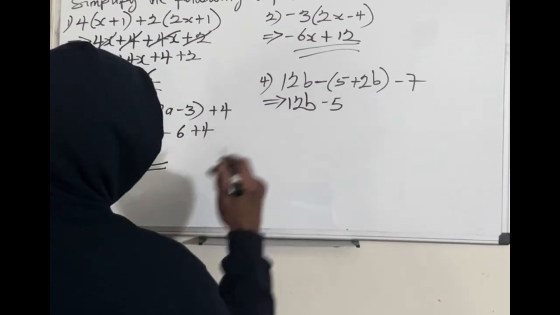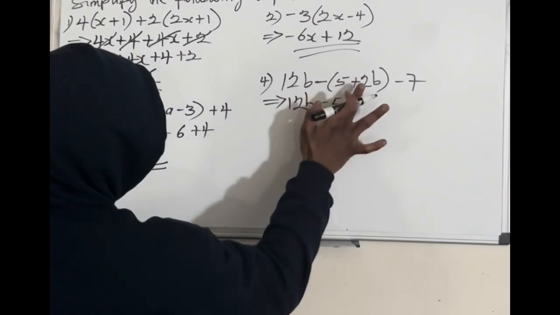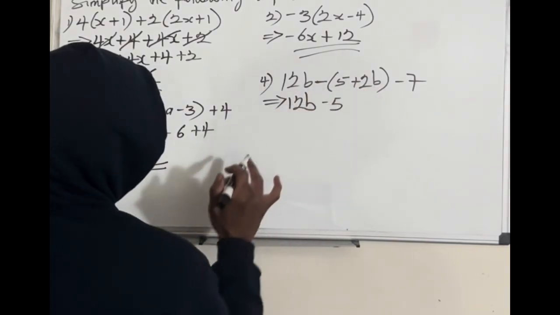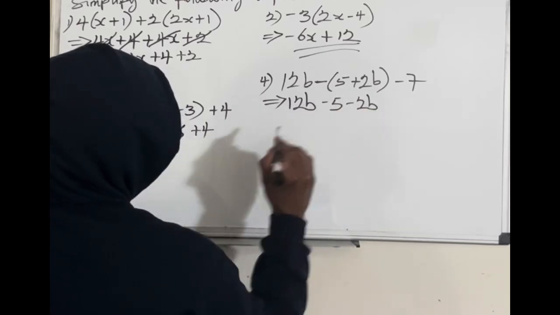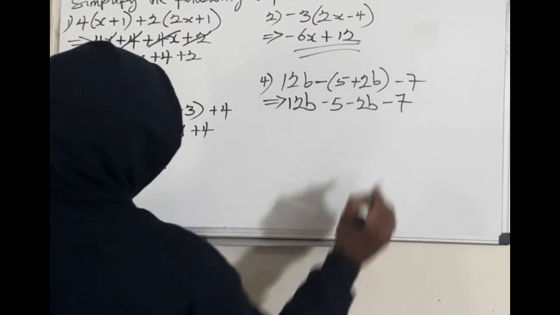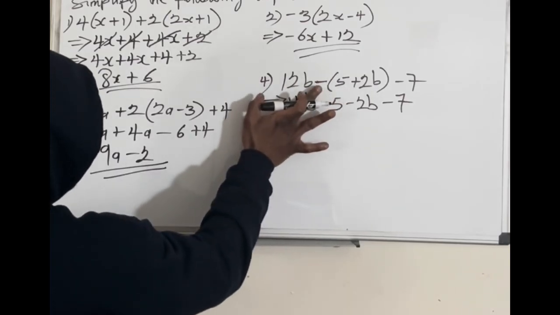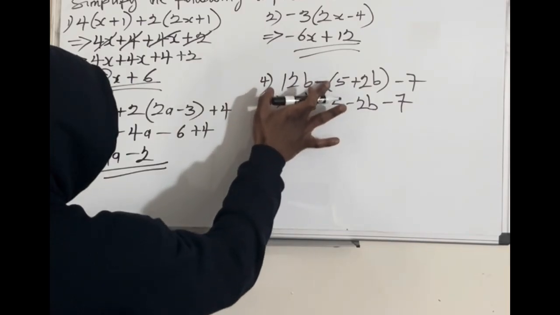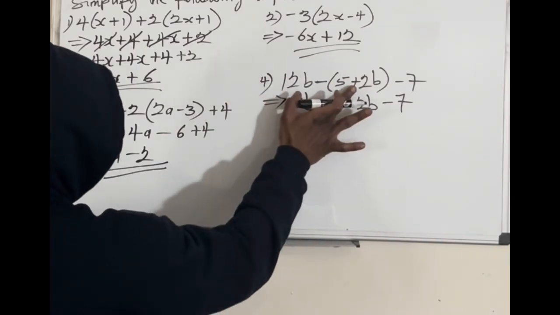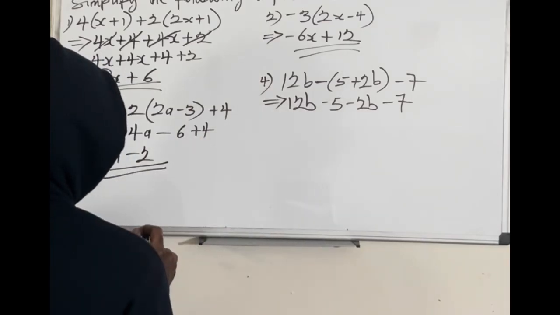And negative 1 times positive 2b is what? Negative again. So negative 2b. And bring your minus 7. I hope it's understood. There is 1 here, so negative 1 times 5 is negative 5. Negative 1 times positive 2b is negative 2b.